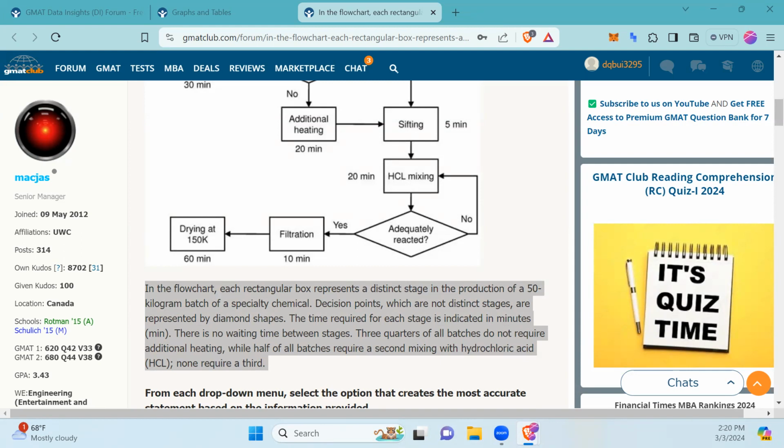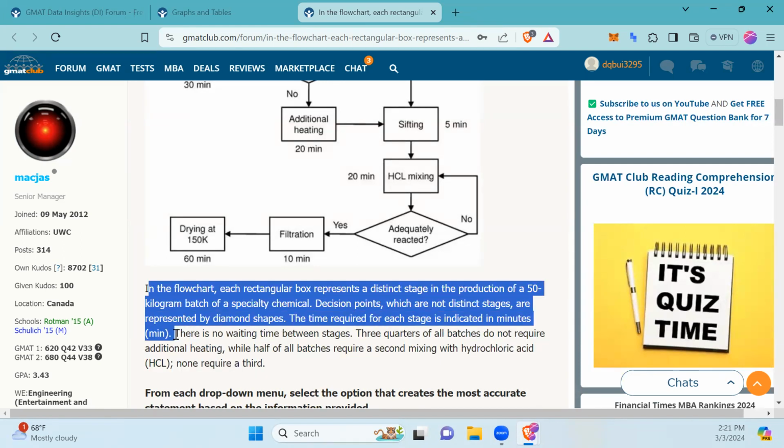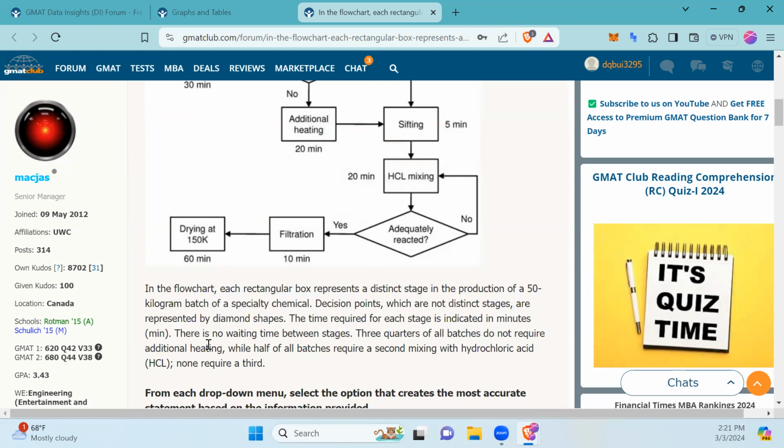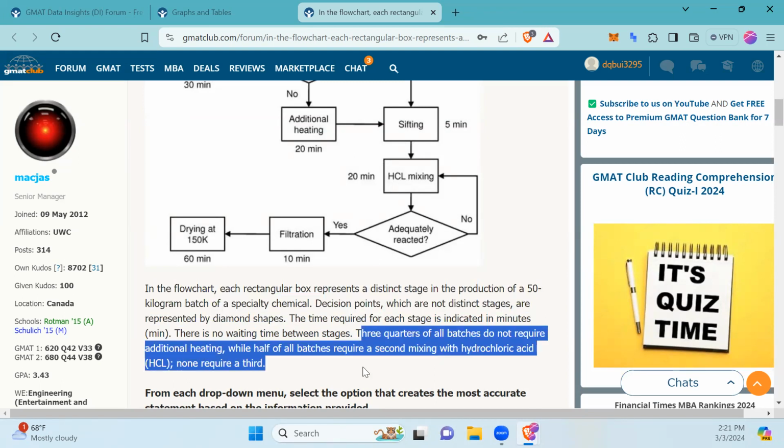Okay, so it would appear that the first half of this paragraph is describing the chart as we already figured out above, but the last third is giving us some additional information that's not expressed in the graph. 3/4 of all batches do not require additional heating.